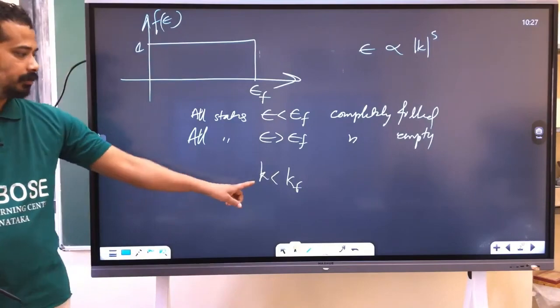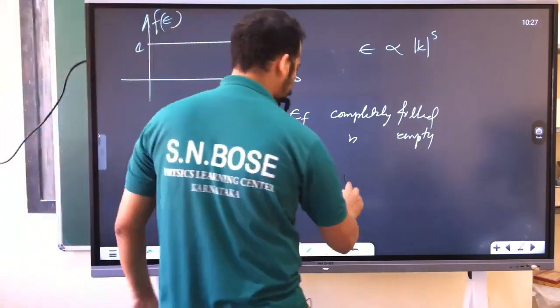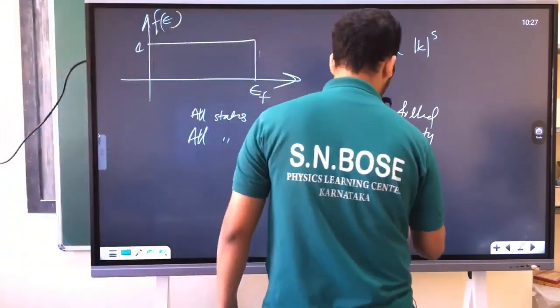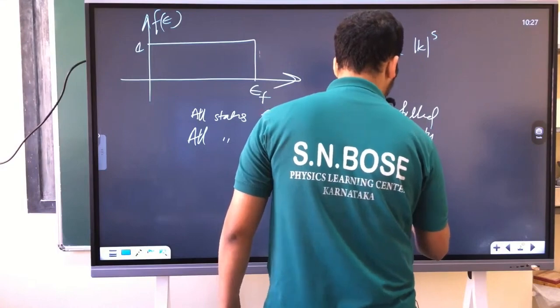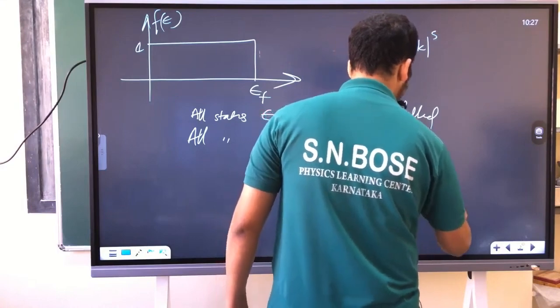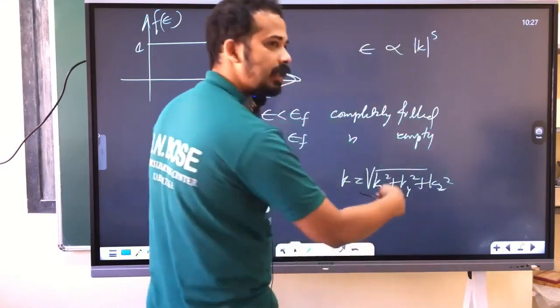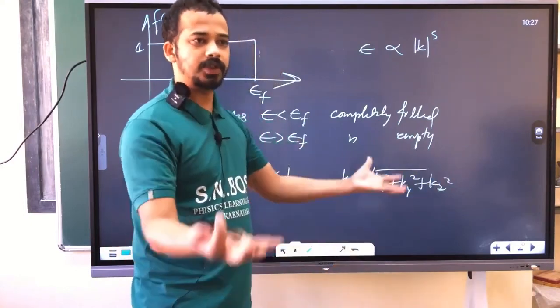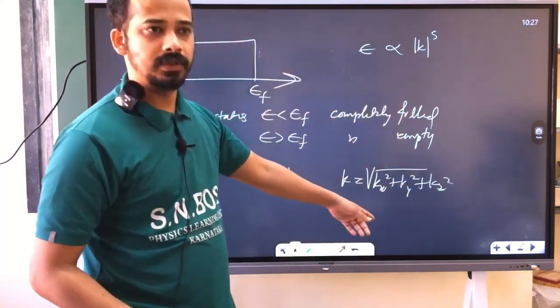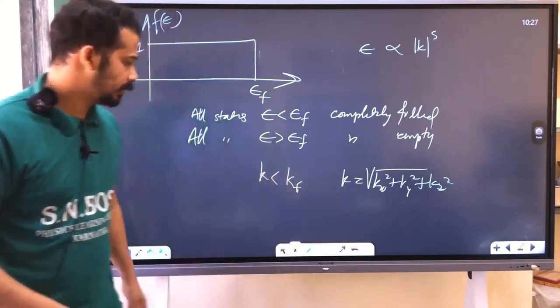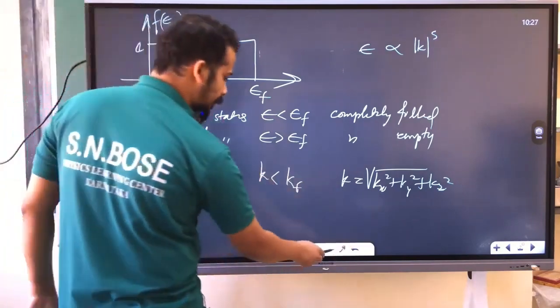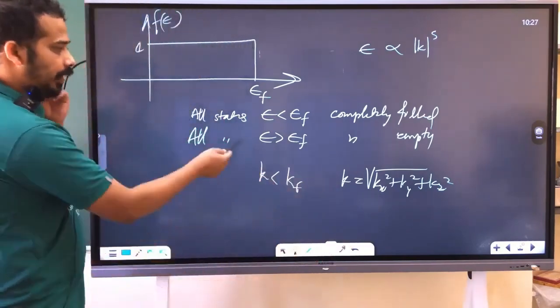That is a sphere, am I right? Because in case of 3 dimension, what is k here? Root of kx square plus ky square plus kz square. What do you mean by this k less than some value? That's a spherical volume region, isn't it? Think in spherical polar coordinates. So that's how I just argued.